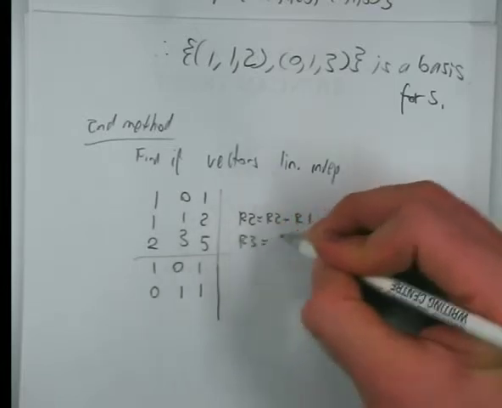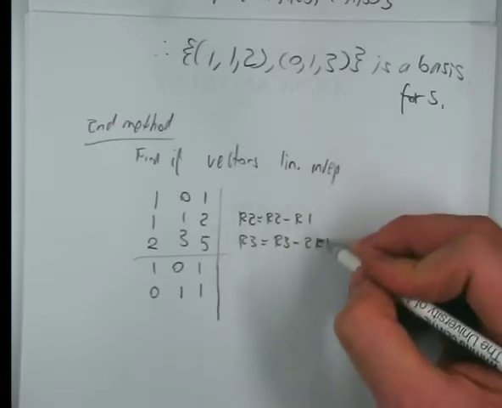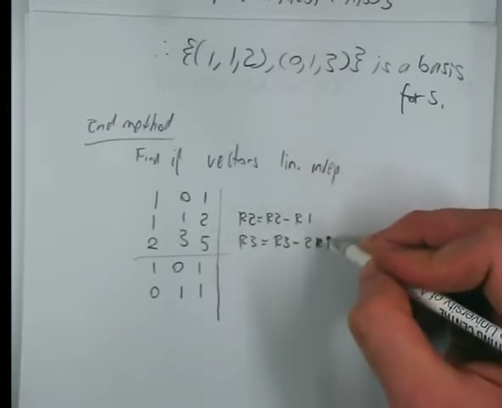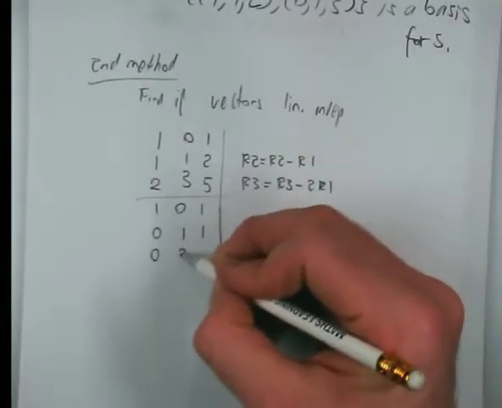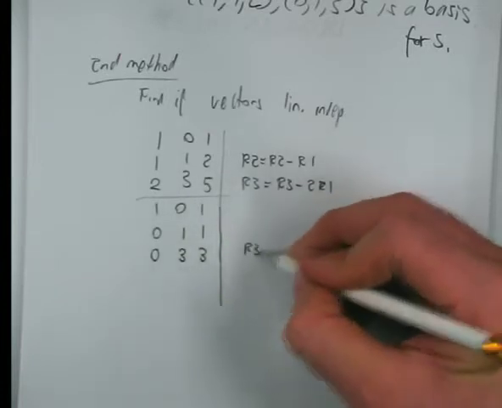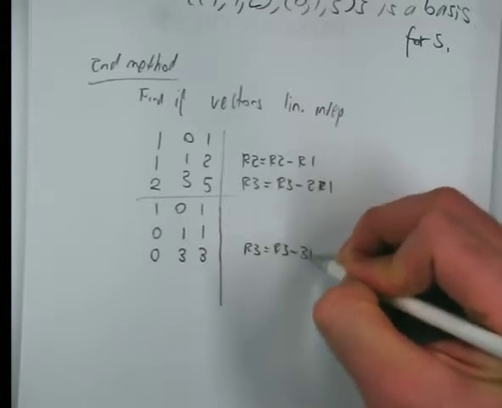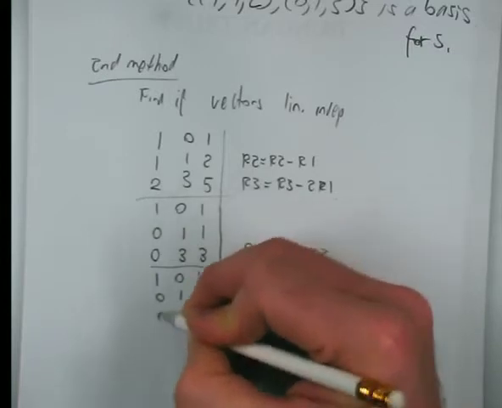Row 3 is row 3 minus 2 of row 1. It would be okay for you to use a calculator in an exam, unless they explicitly told you to use row operations, obviously. Oh, and look at that. It's almost as if I set it up that way.